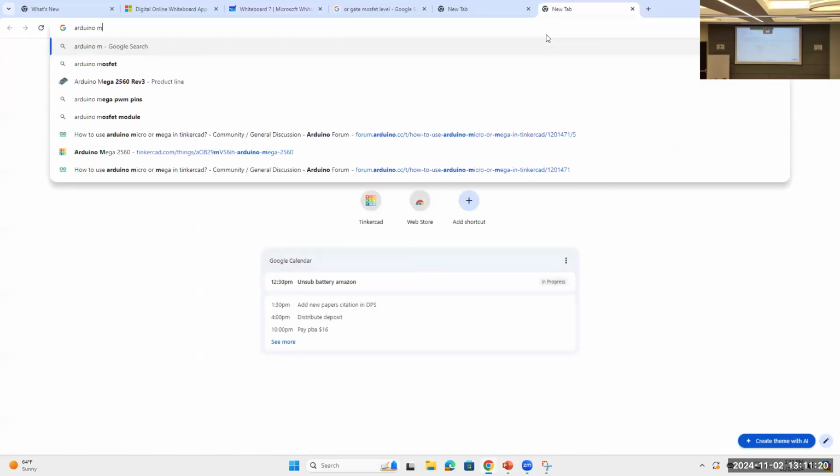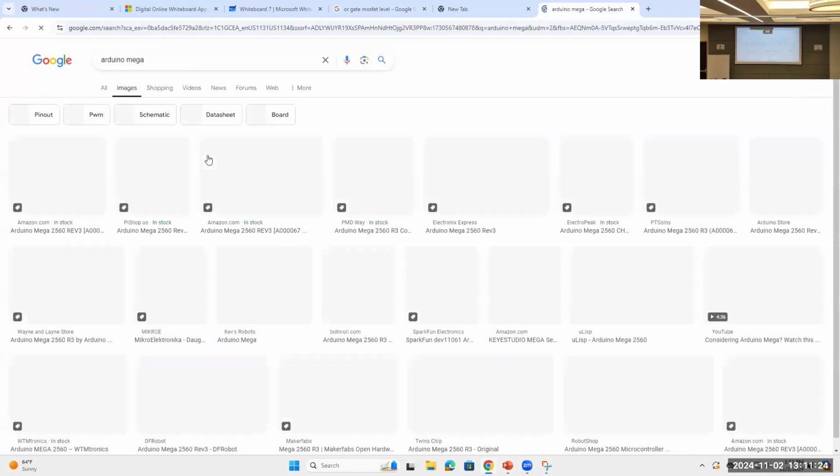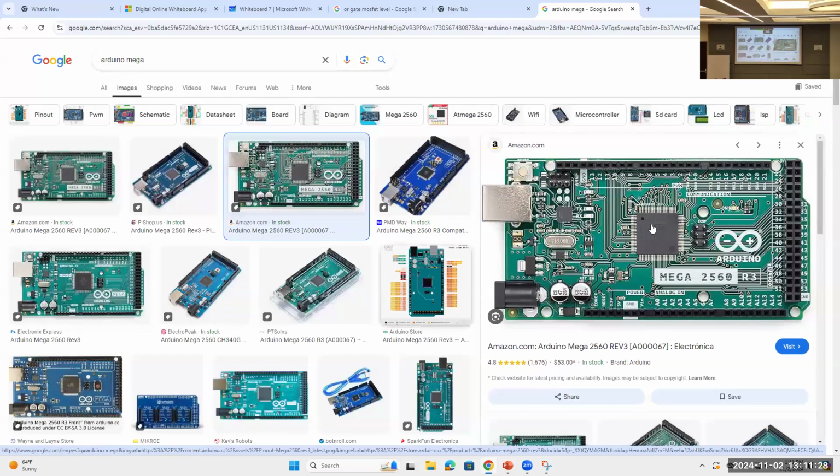We'll try to use Arduino Mega. This is an Arduino. As you can see, there is this chip embedded here. This is a chip, and as I have told you, there are pins on all sides, not like the AND gate. In all directions there are pins.